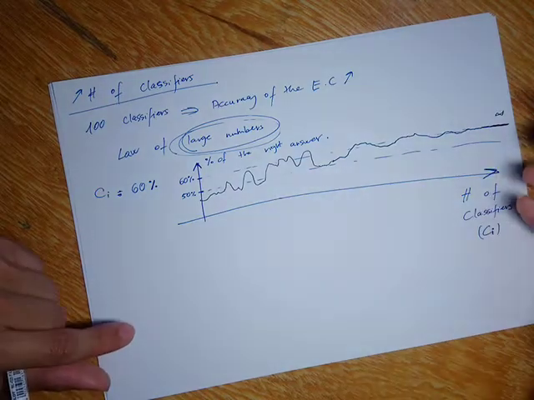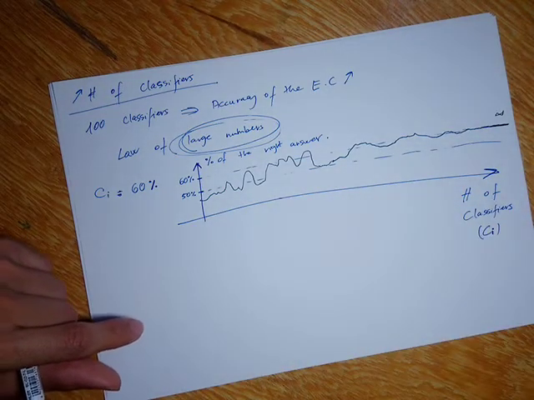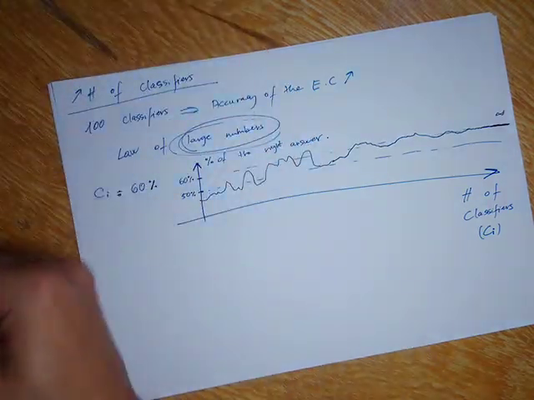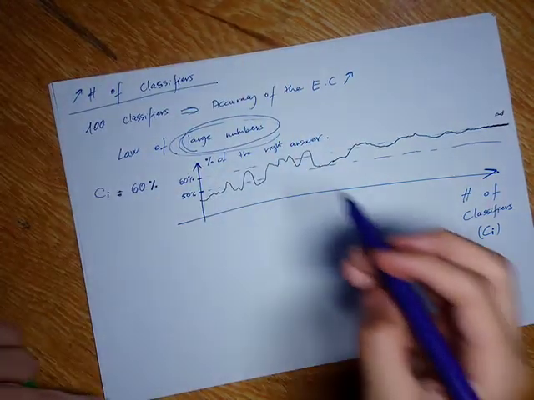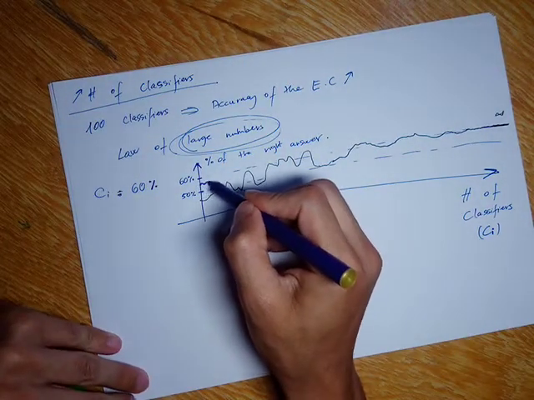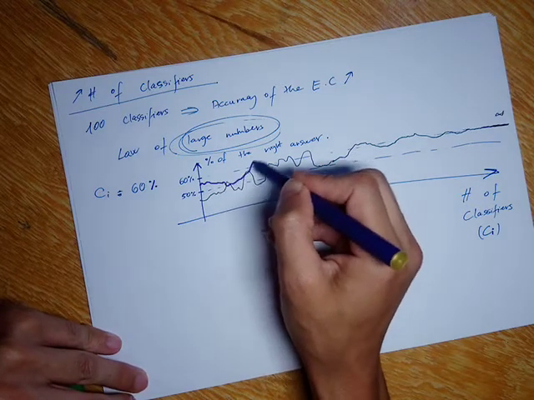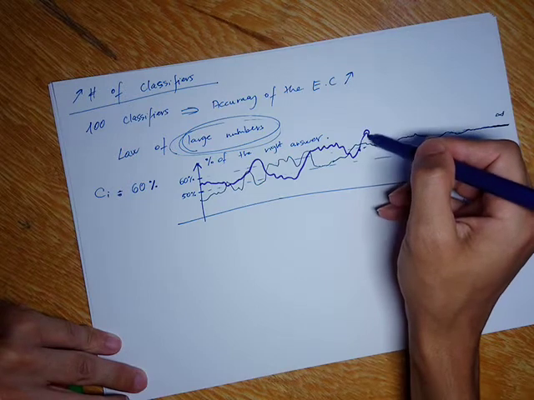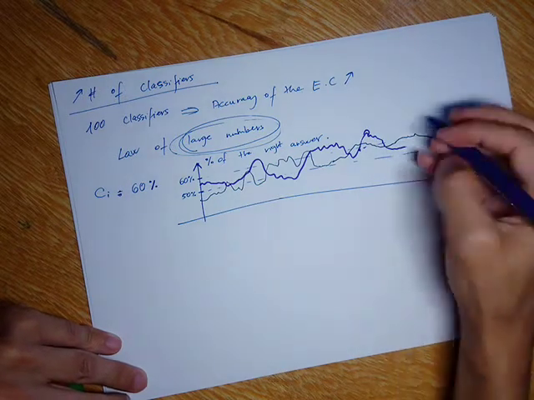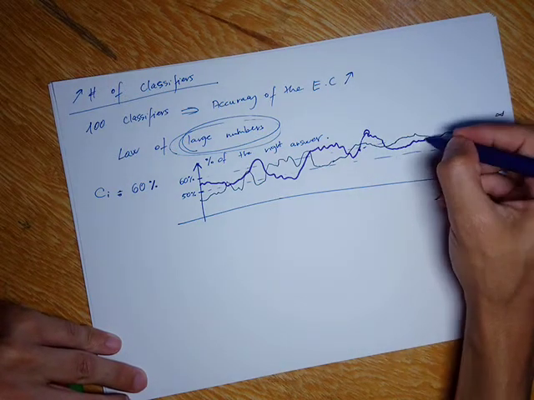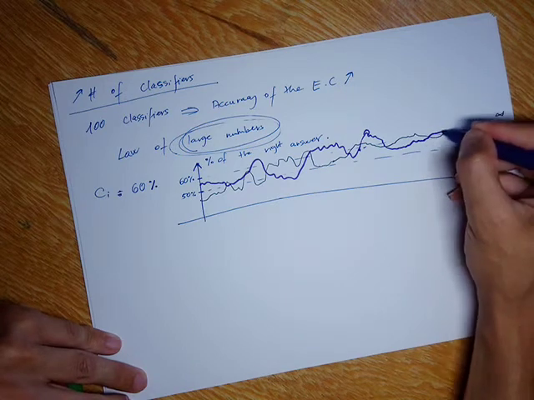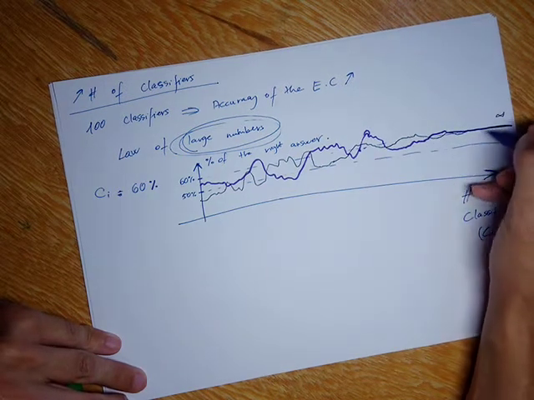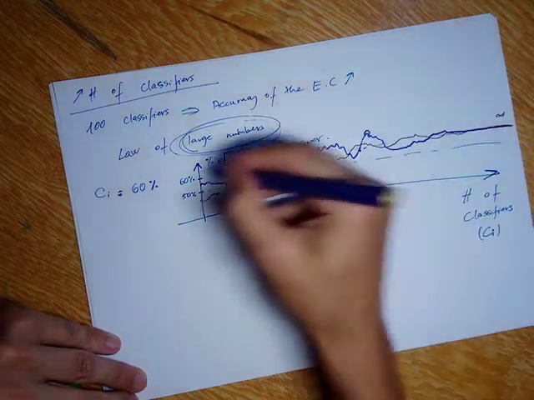And if I repeat this experiment, this is what I would get again. Let me just use another color. If we repeat this experiment, we would notice that we have the same behavior. We have a higher variance when we have a low number of classifiers, but when we get a high number of classifiers, then this proportion of right answers tends to be exactly equal to 60%.